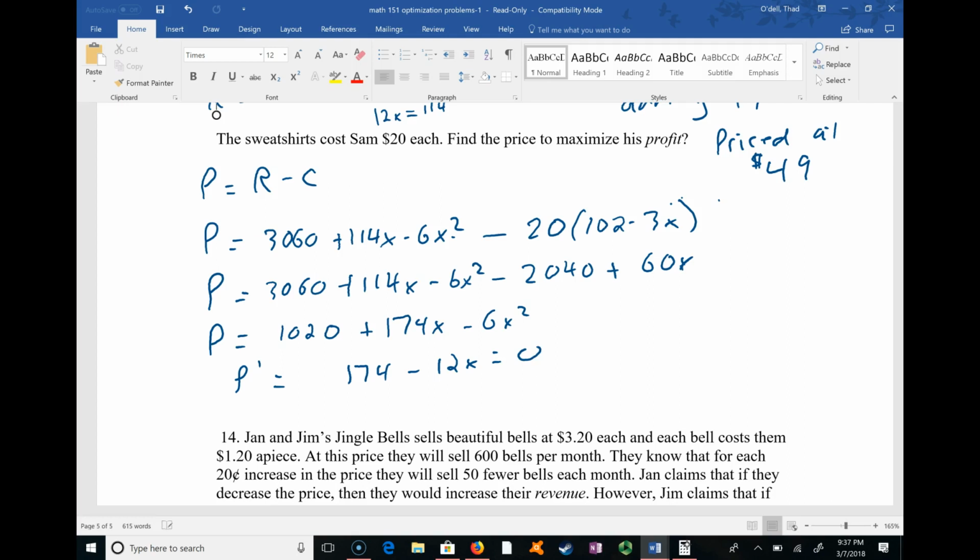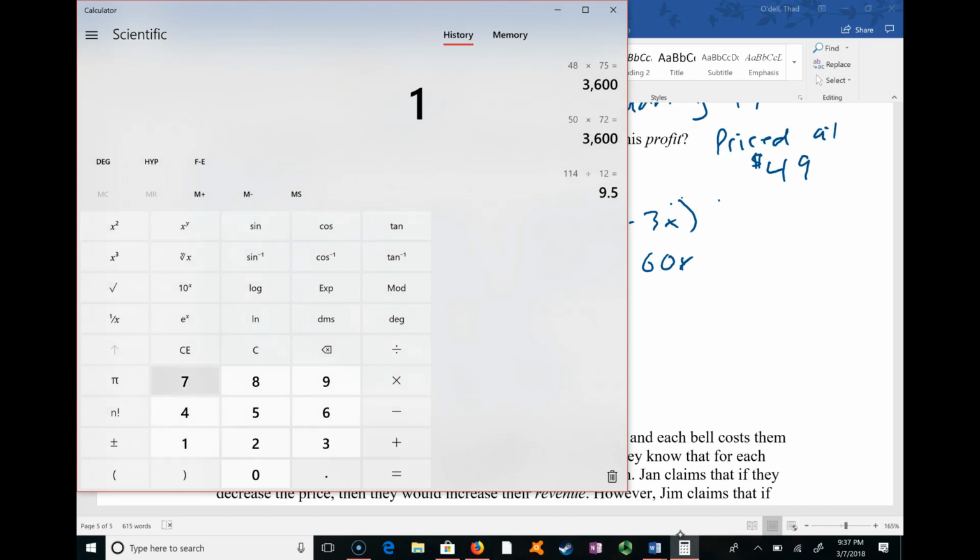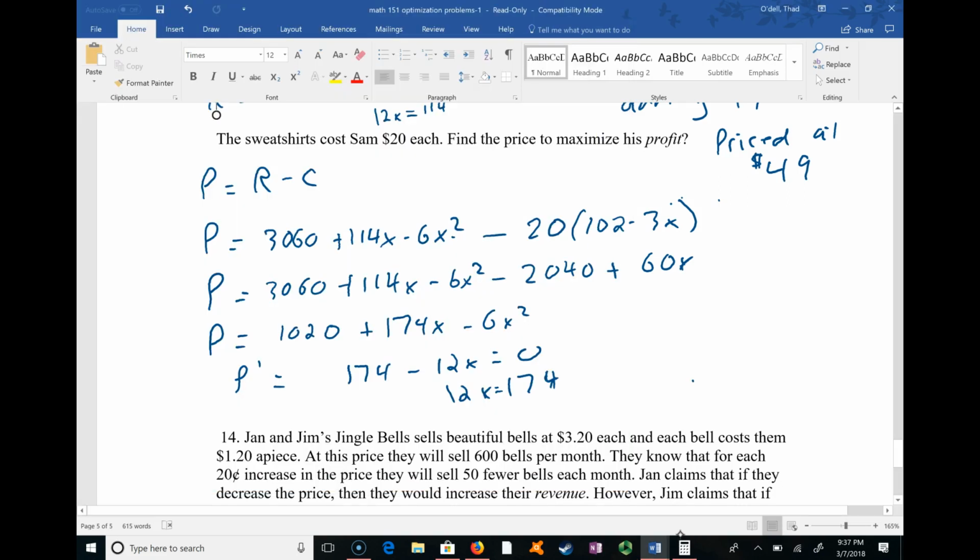Set that equal to 0. And this time we're dividing 12 into 174. So we go 174 divided by 12 equals 14.5. So x equals 14.5, which again is the number of $2 increments.